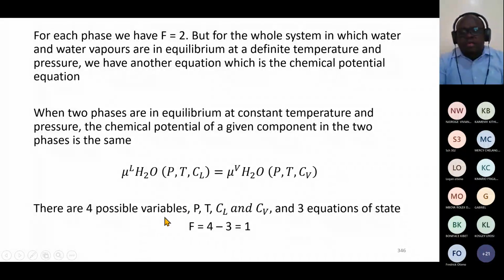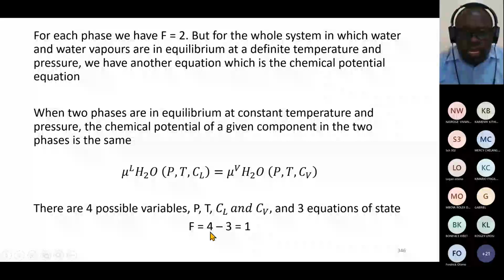So to get the degrees of freedom, we say it is the total number of variables minus the total number of equations. So remember, we have said we have 4 variables. And the number of equations, we have the chemical potential equation, that is 1.